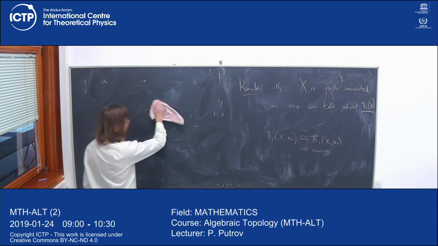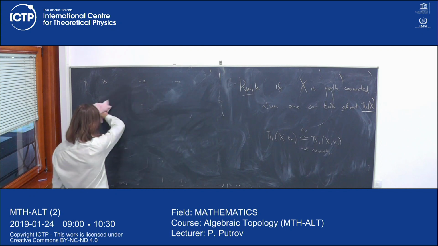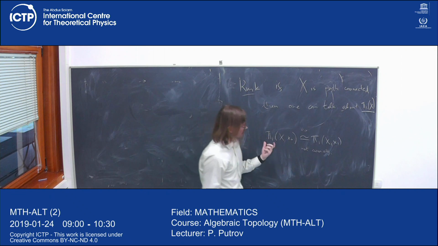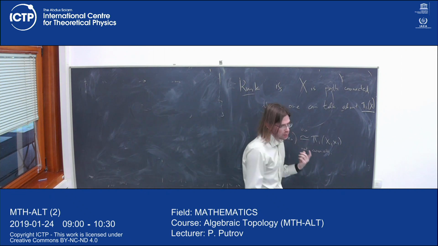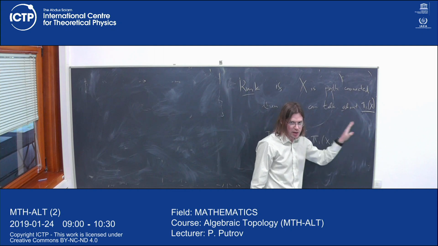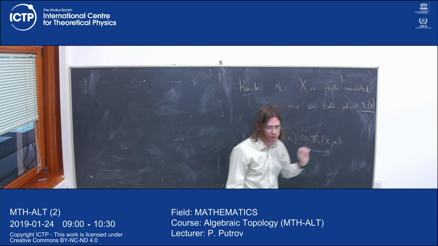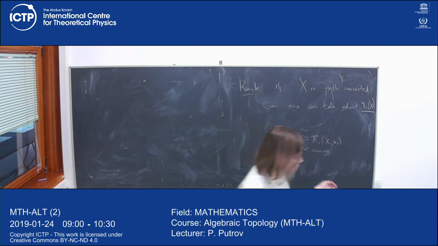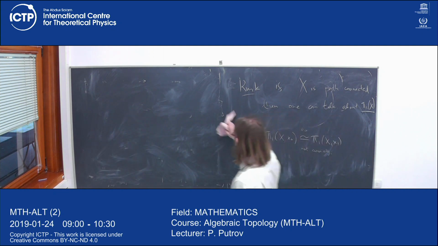When you want to define a group structure, you have seen that it's important to choose a class. Even when people write like this, they still have in mind some fixed base point, just the statement that we can change this point up to isomorphism of this group.